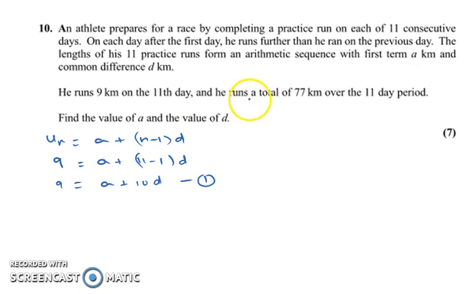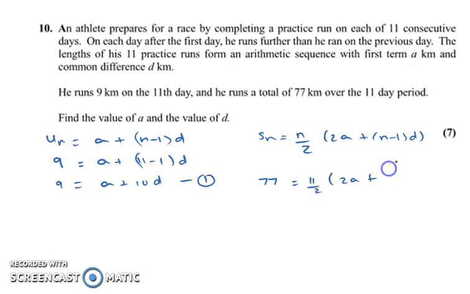We're also told that he runs a total, so that would be S_n. S_n equals n over 2 (2a add (n minus 1)d) over the 11 days is 77. So 77, we know that n is 11, so we've got 11 over 2, (2a add 10d).